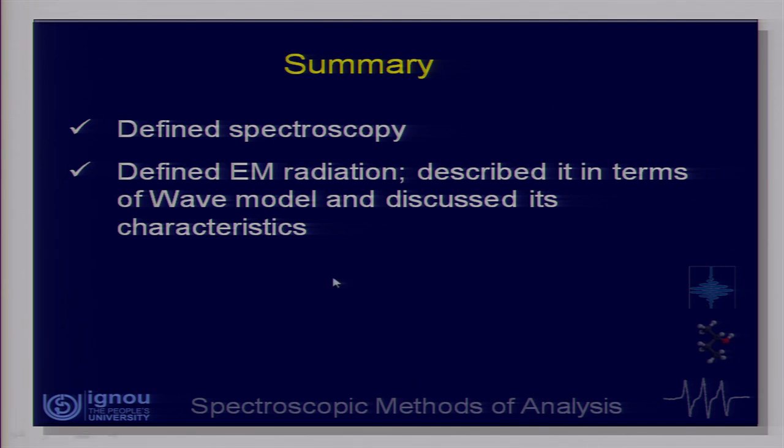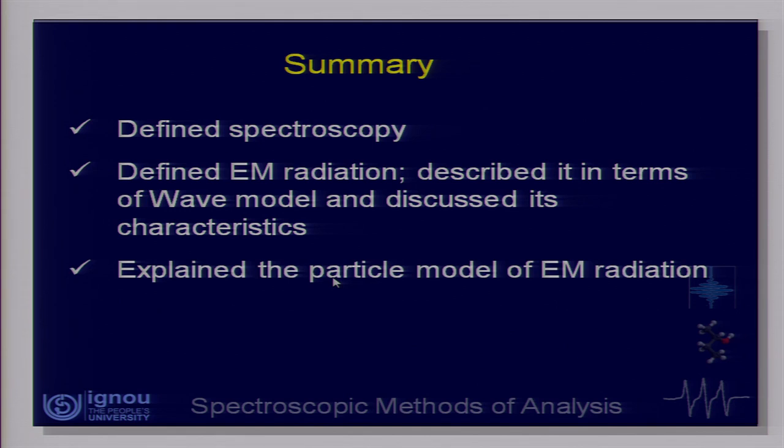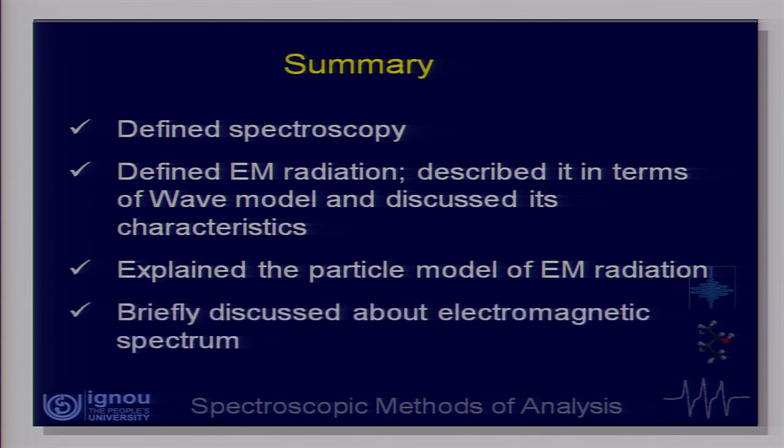Then we came to the quantum mechanical or particle model of EM radiation, and towards the end we briefly touched upon the electromagnetic spectrum. Now, in the next session we will talk about the nature of matter, that is atoms and molecules, what kind of quantization is there in that, and then we will briefly also take up something about the interaction of radiation and matter. Thank you.